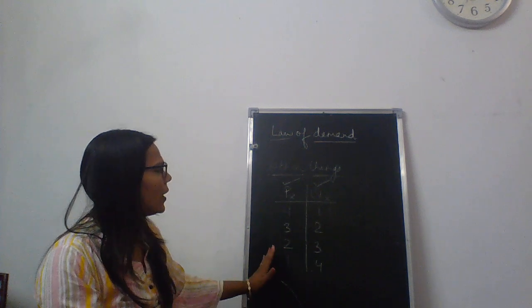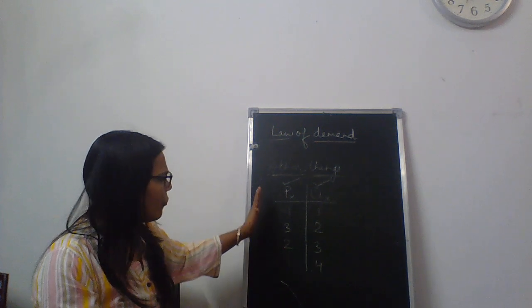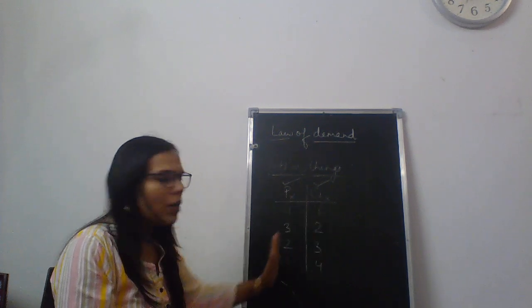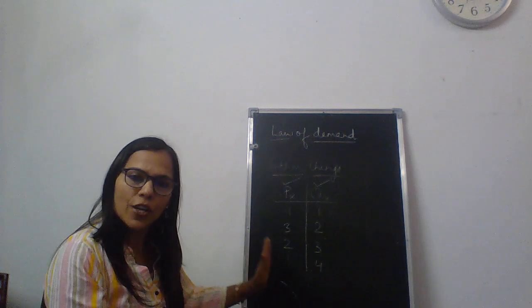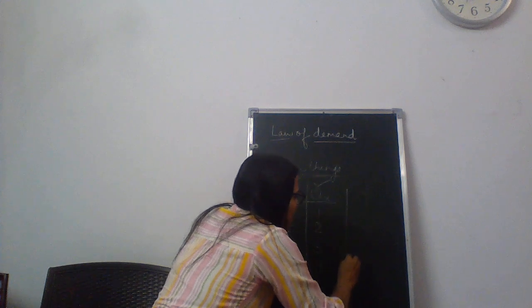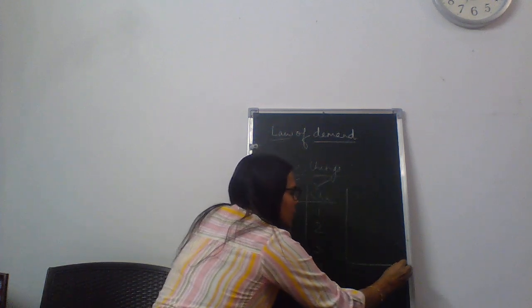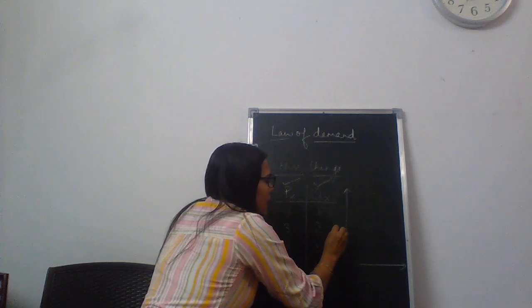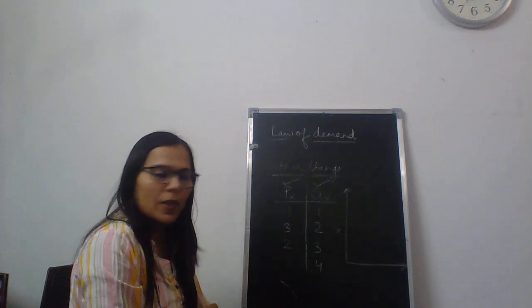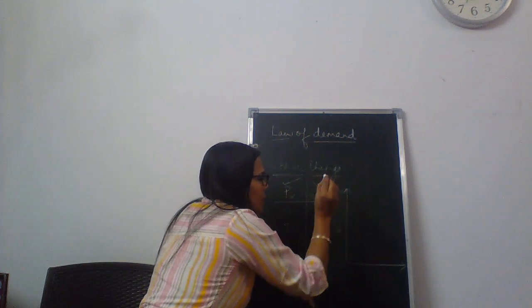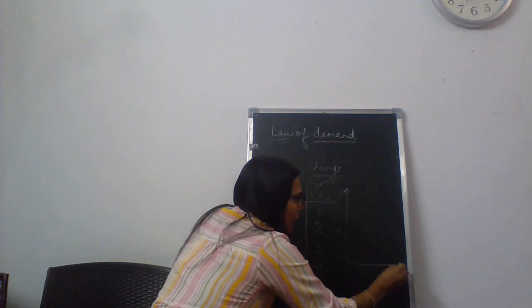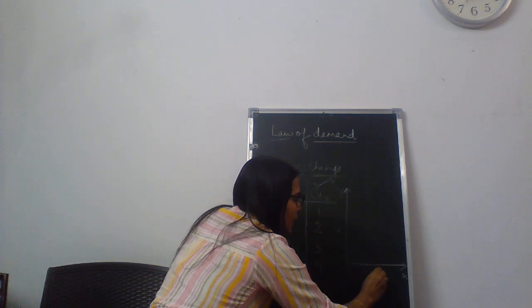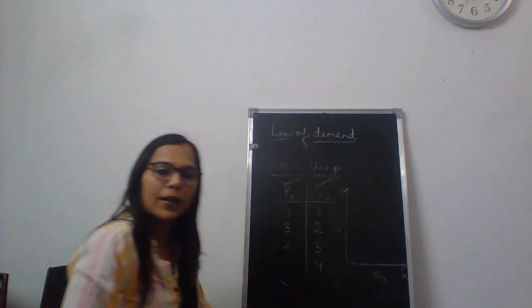Now let us quickly see if we try to plot this, how the shape of the demand curve will be. Price of X will always be on the y-axis, and on the x-axis we will take quantity demanded.